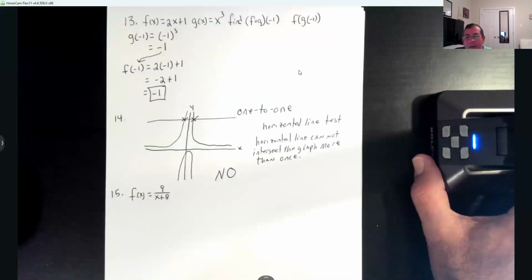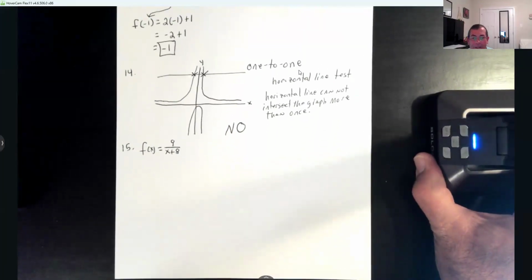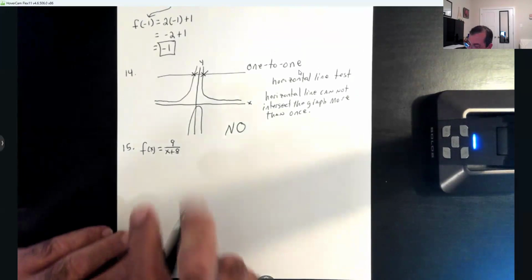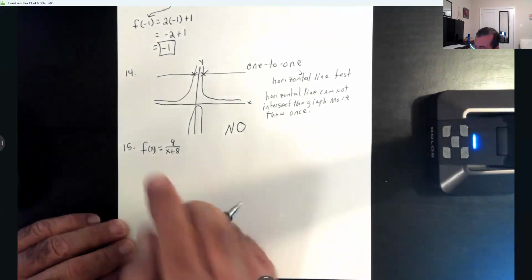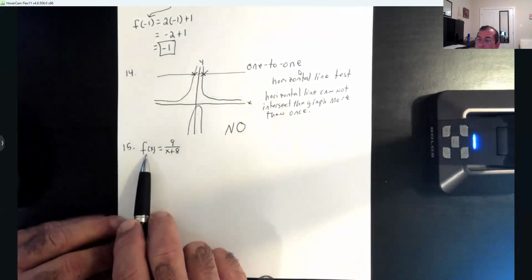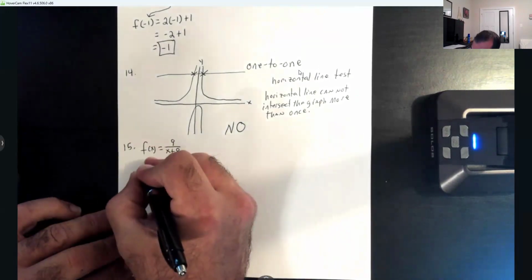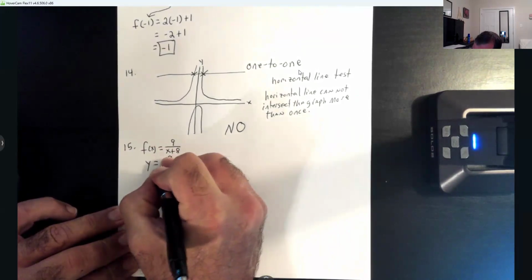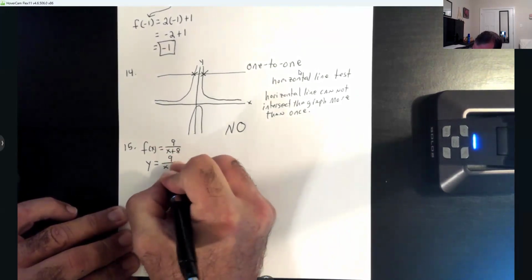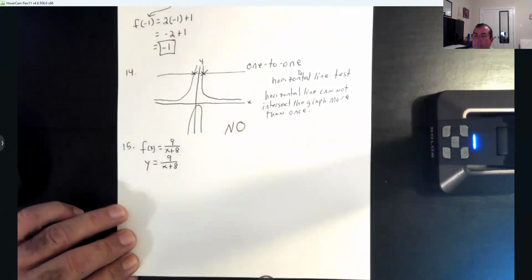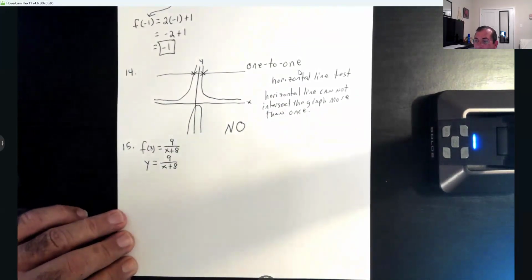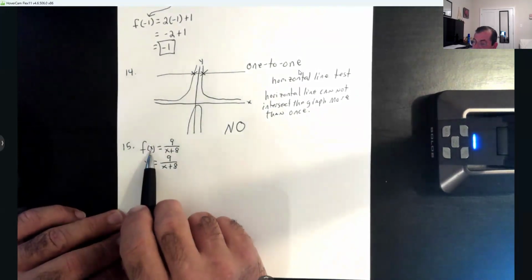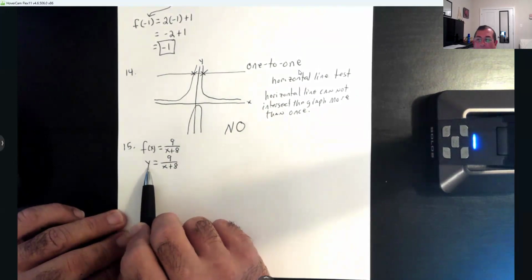So this is one of the sort of tricky things we learned in this chapter. To find the inverse of this, the first thing I did, I had to replace the f of x with a y.